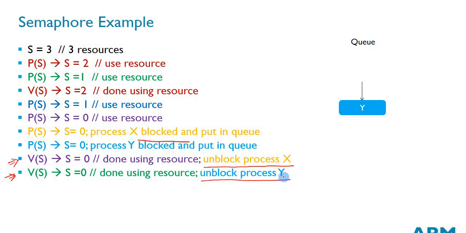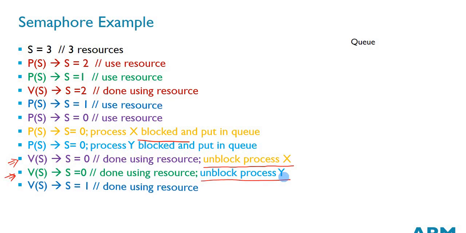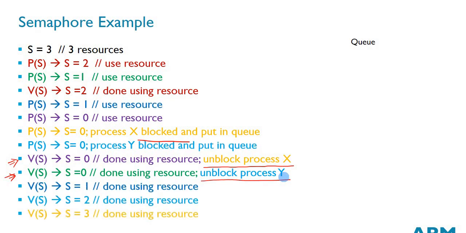So the task that is in the queue, task Y, gets the semaphore and becomes unblocked. So it is no longer in the queue, and subsequently, whenever I release, since there's nobody else in the queue, my count can then go up. So that is how we are able to use semaphores as a tool to manage multiple resources across many tasks.